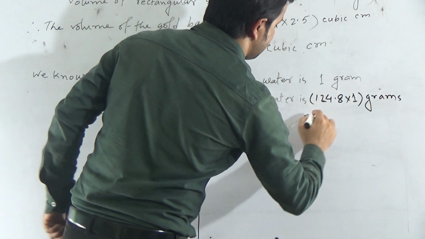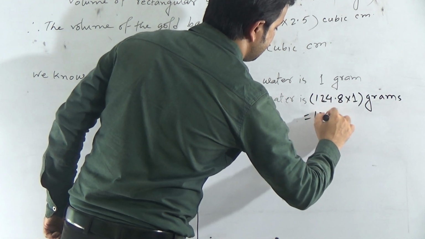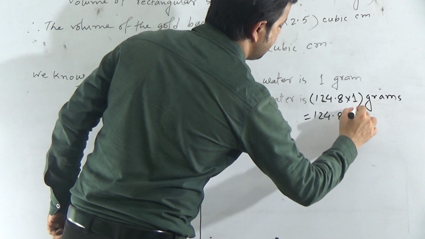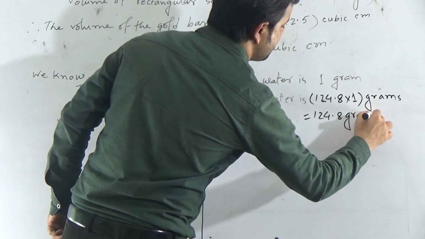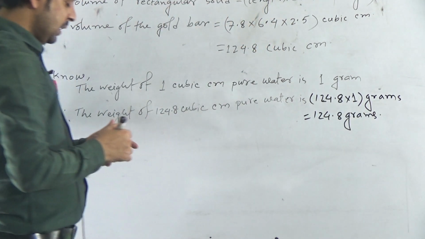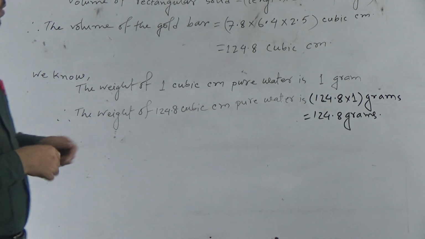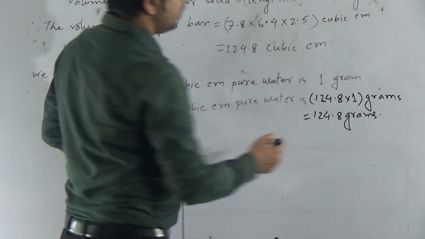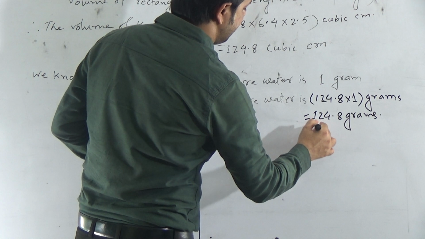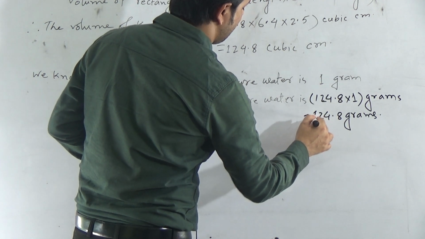So we can write here 124.8 gram. The students, now this is the weight of same amount of water.